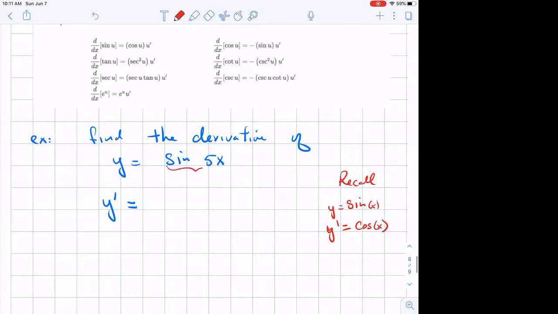So the derivative of sine is cosine x, but because here we have, and that's what this is saying here, the one for sine, you have to take the derivative now of 5x. So the derivative of 5x is 5. I'm applying this formula here. The u here would have been 5x.